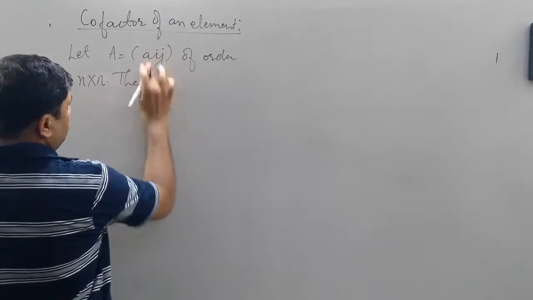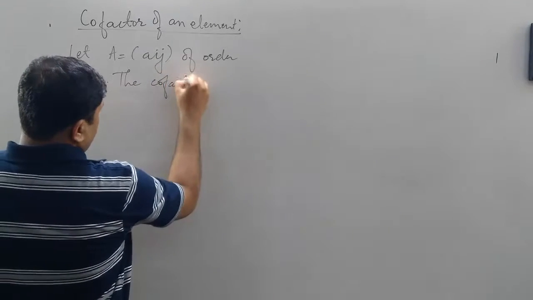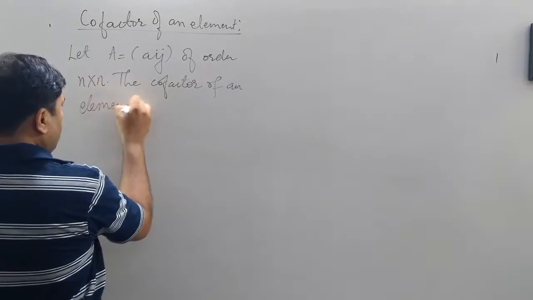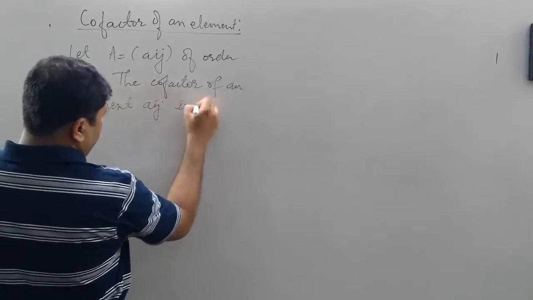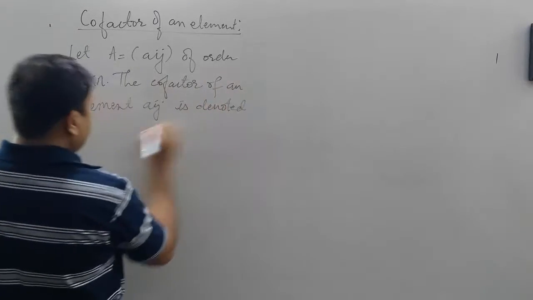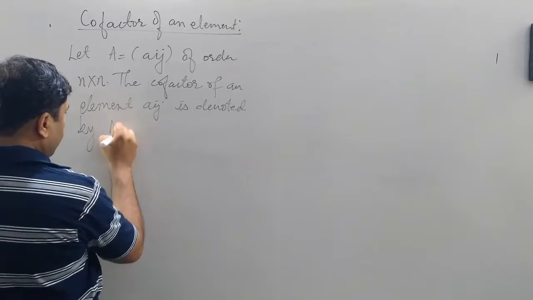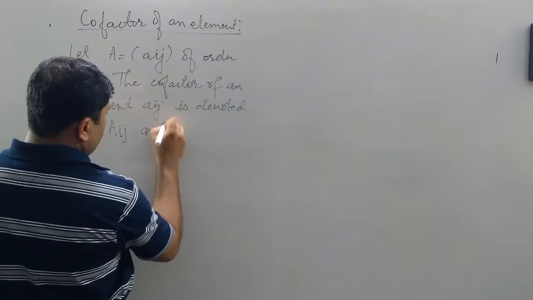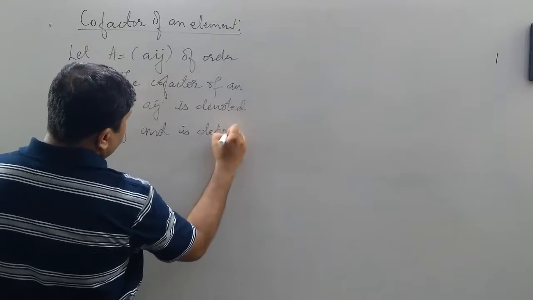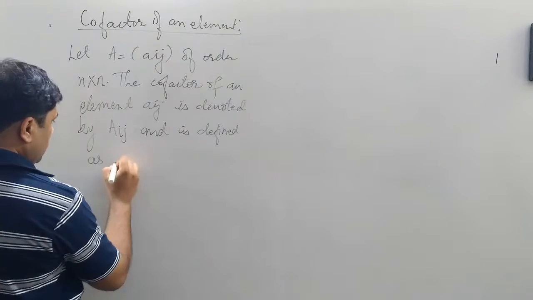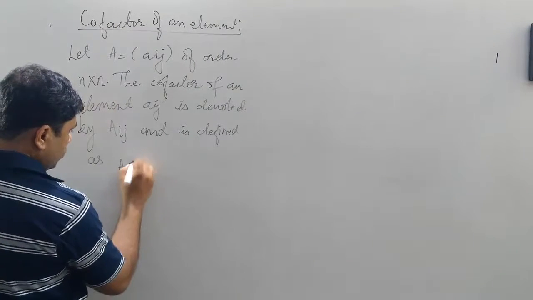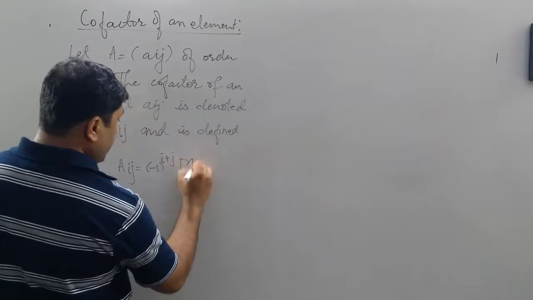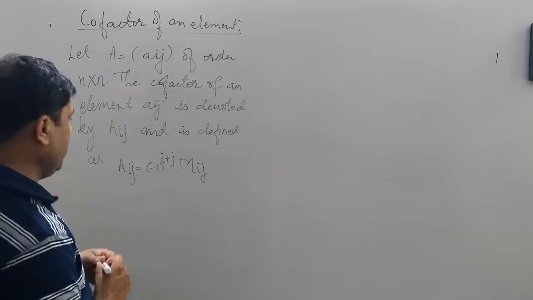The cofactor of an element Aij is denoted by capital Aij and is defined as Aij is equal to minus 1 raised to i plus j into Mij, where Mij is the minor of an element Aij.